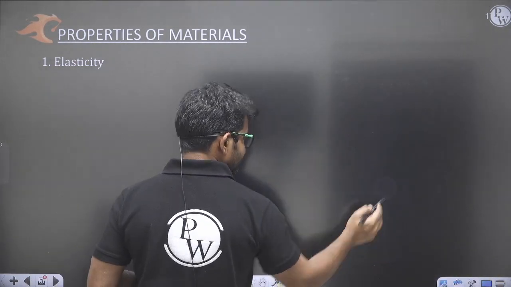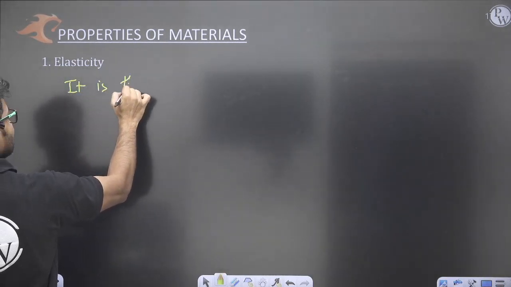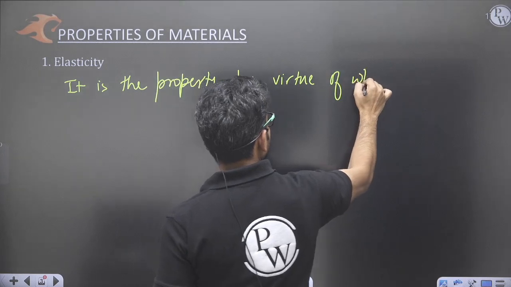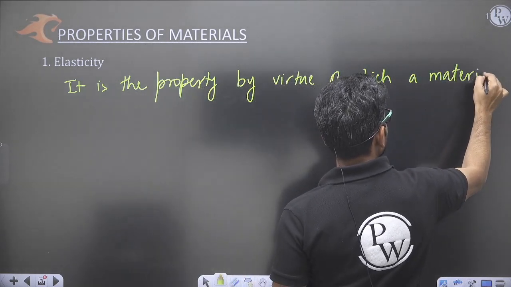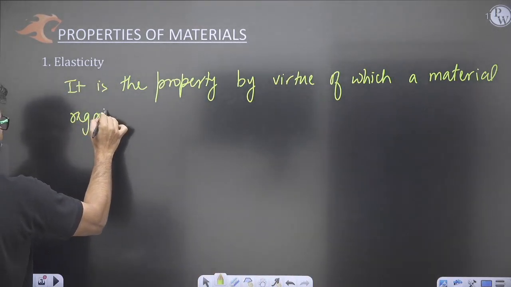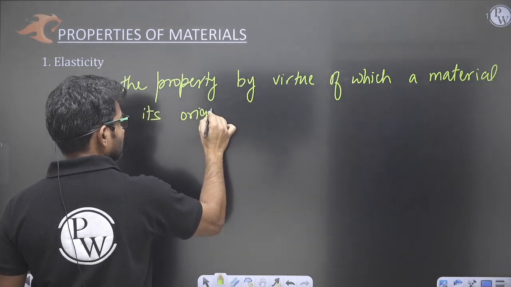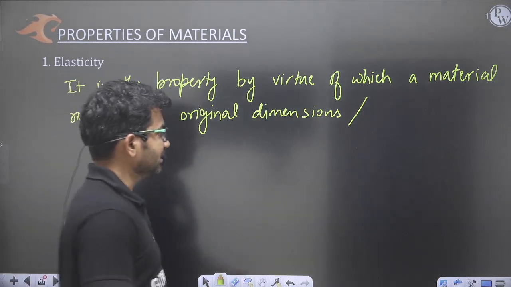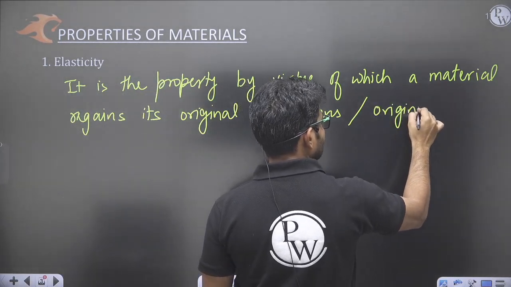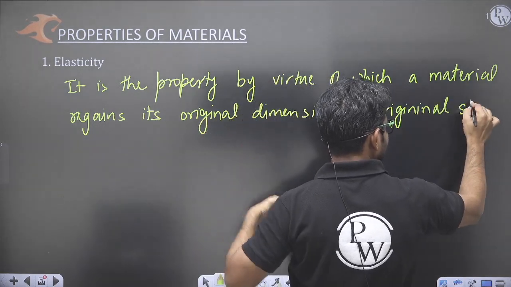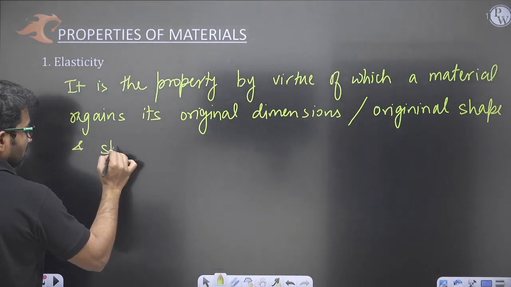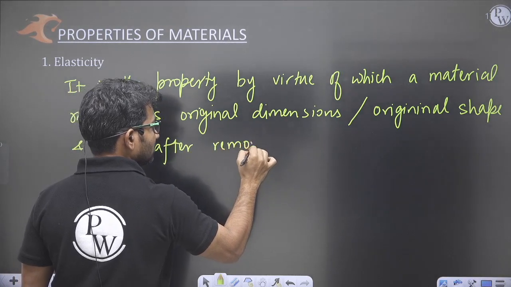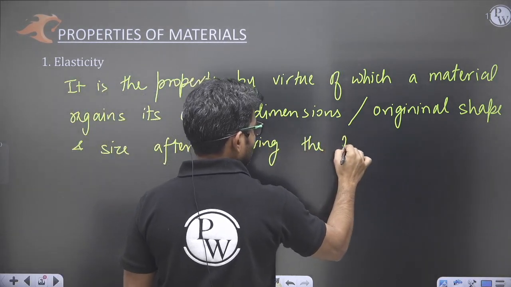So let us write down the definition. Elasticity, it is the property by virtue of which a material regains its original dimensions, or you can also say it regains its original shape and size, after removing the load.